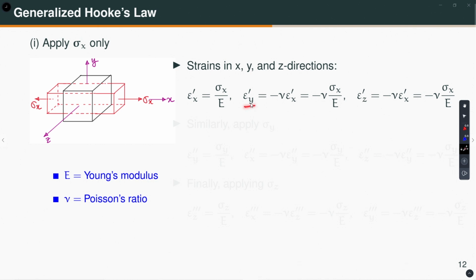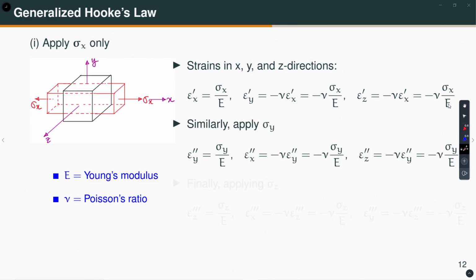So, the y direction strain, epsilon, I am calling it with a prime for a reason, okay. Epsilon y prime is minus nu into epsilon x prime. Now, epsilon x prime is sigma x by E. So, minus nu into sigma x by E. Similarly, epsilon z prime is minus nu into epsilon x prime, so minus nu into sigma x by E, as simple as that.